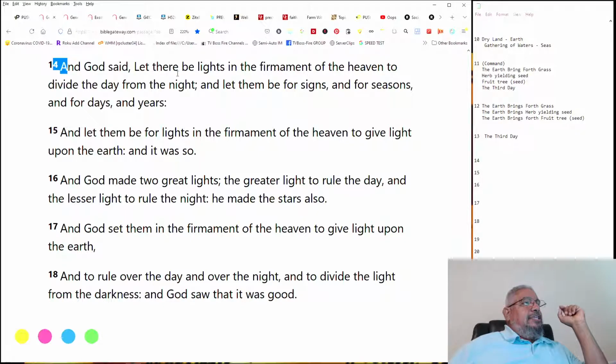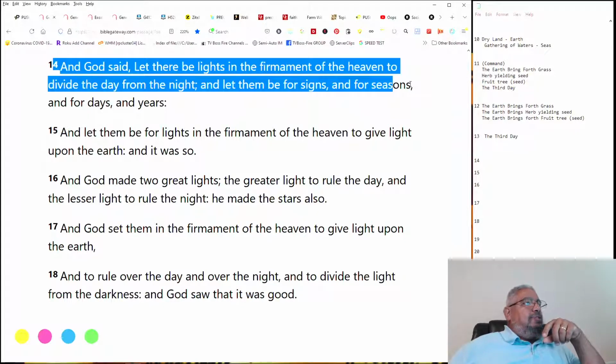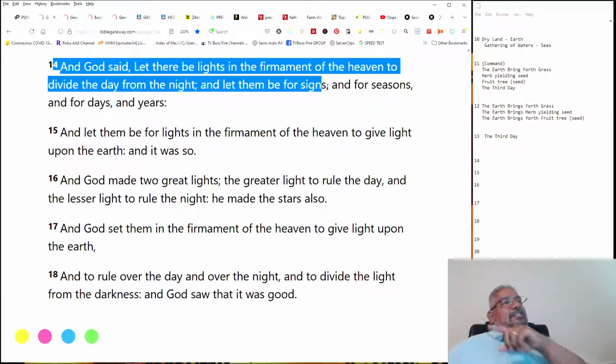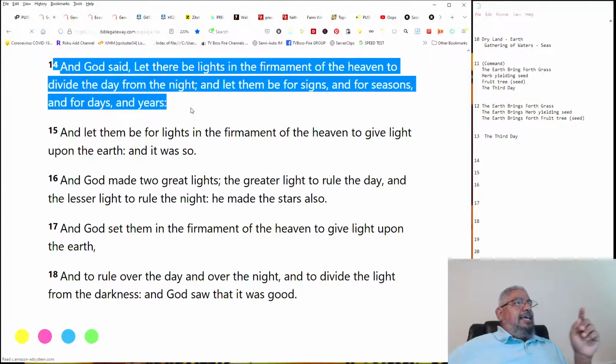And God said, let there be lights in the firmament of heaven to divide the day from the night, and let them be for signs, for seasons, for days and years. So vamos a poner aquí, there will be lights in the firmament of heaven to divide the day from the night, and then we will have them for signs, for seasons, for days and years.